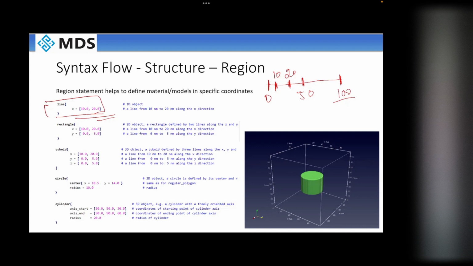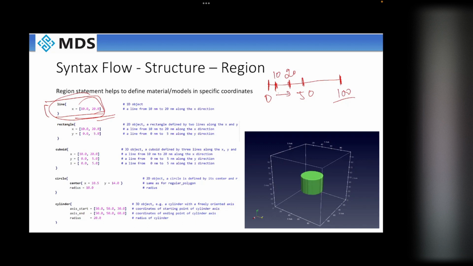If you want to specify different layers, then accordingly you can take different line statements and specify your regions in between, because you need to specify the different materials after that. So first thing is to specify the region, then in that region we'll fill a material.